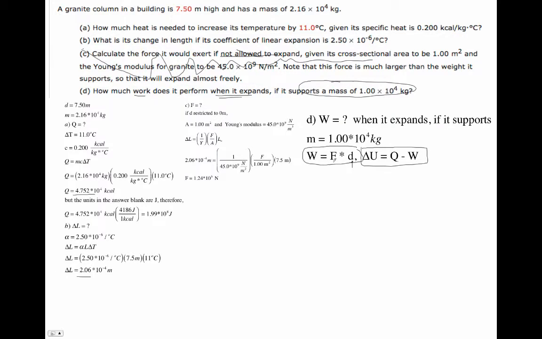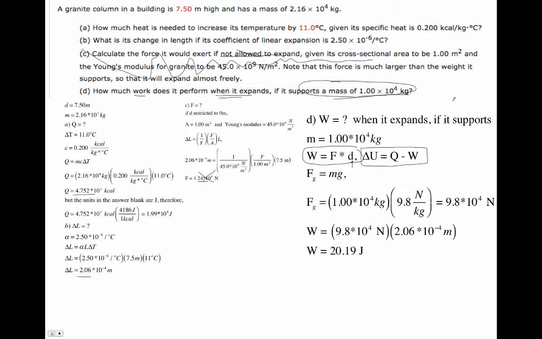But what force would I have? Would it be this force? No, because I just said that would be if it's not allowed to expand. So this force is out. So what force are we talking about? Well, we're talking about the force of pushing this guy up. Well, that gives us force of gravity. Force of gravity is equal to mass times little g.